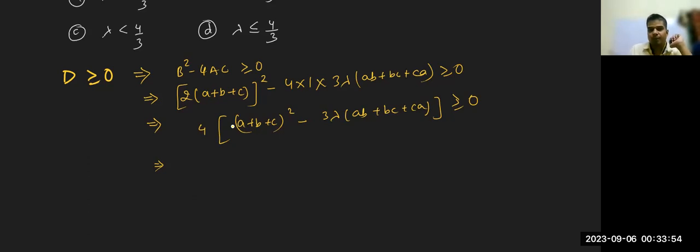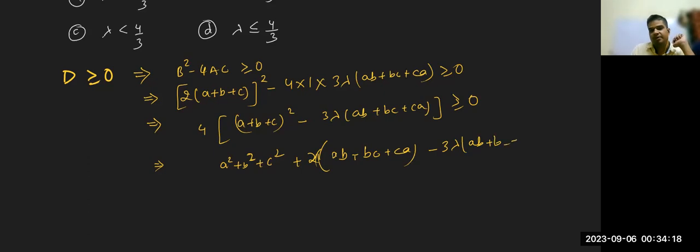So here we will do the expansion. 2 times (ab plus bc plus ca) minus 3 lambda times (ab plus bc plus ca).